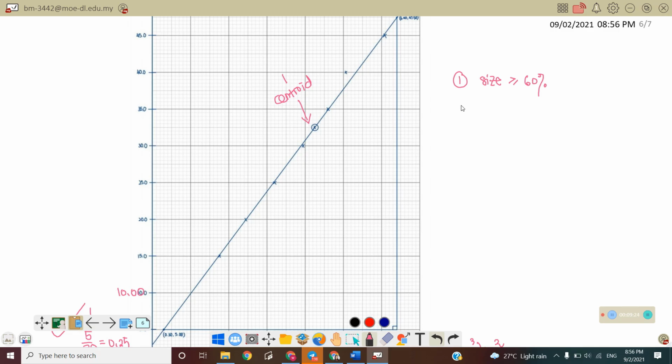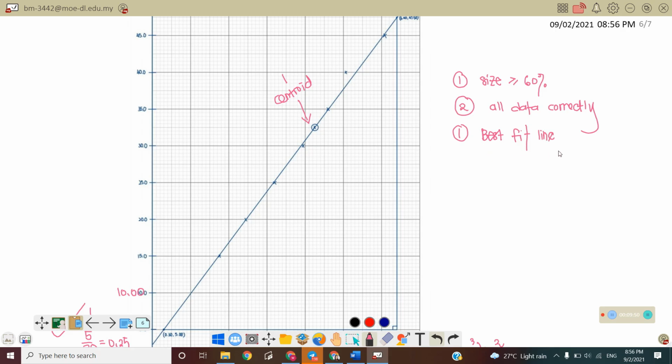And then you will get 2 marks for plotting all data correctly. Here we have 8 data, so all the 8 data that you plot must be correctly plotted. Follow the scales. And then you will get 1 mark for the best fit line.